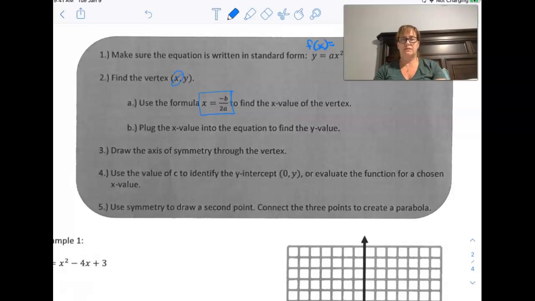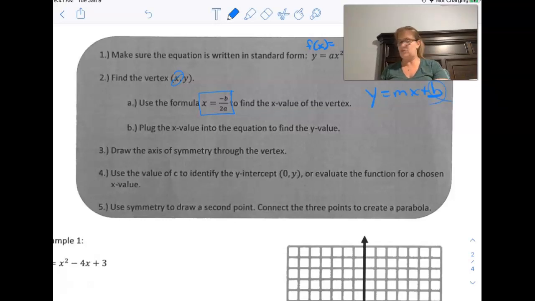Okay. Step three, draw the axis of symmetry through the vertex. So just straight through the vertex, you're going to follow that graphing line all the way through. Step four, use the value of c to identify your y-intercept. So the same way when we had the equation of a line, y equals mx plus b.